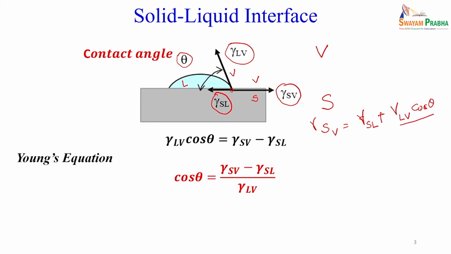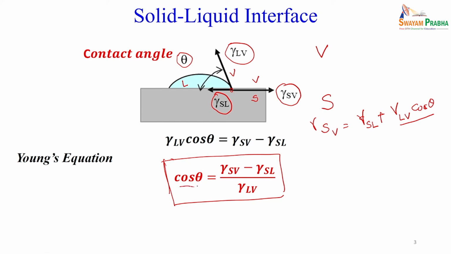So, gamma liquid vapor cos theta equals gamma solid vapor minus gamma solid liquid, and this is known as Young's equation. Young's equation says that if you know the interfacial tension at the different interfaces, you should be able to calculate the contact angle.